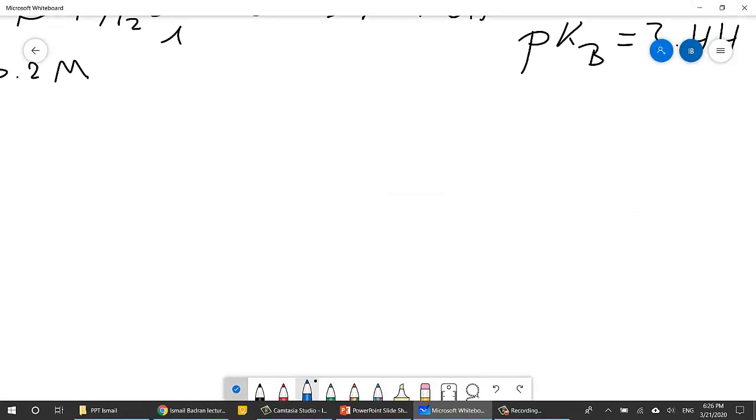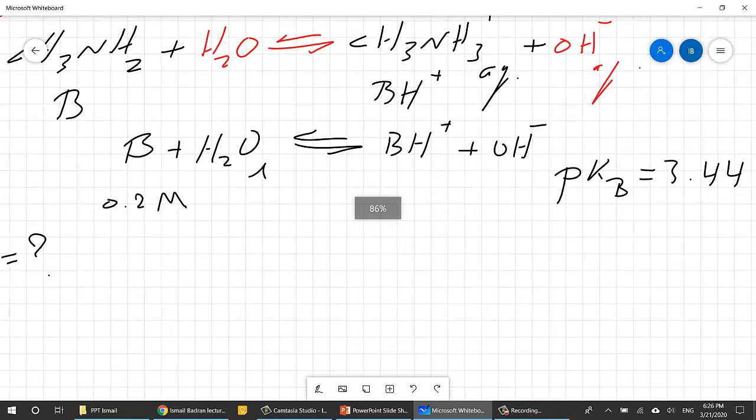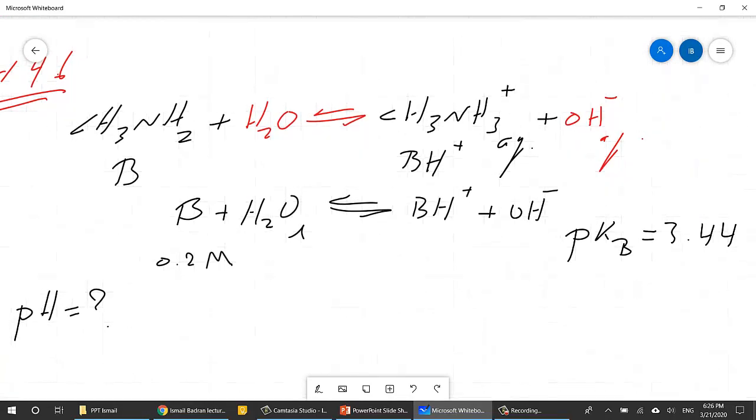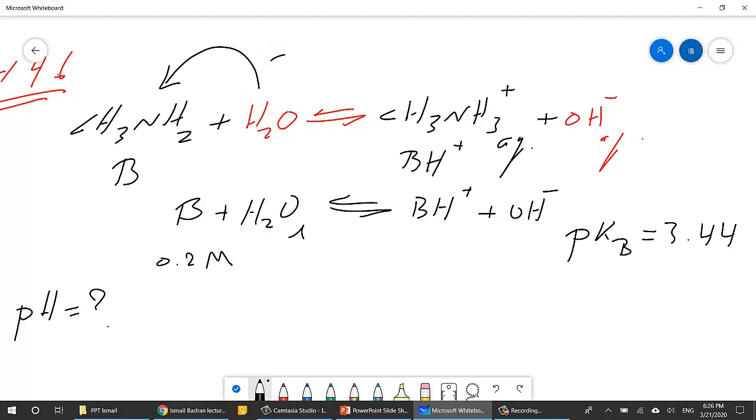Here we have a base, which is CH3NH2. Just imagine this is like ammonia, and when you put it in water, it's going to work as a base. That means it is going to accept a proton from the water. So water in this case is the acid.